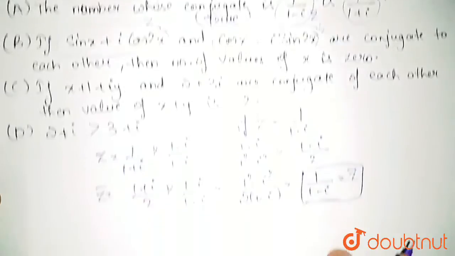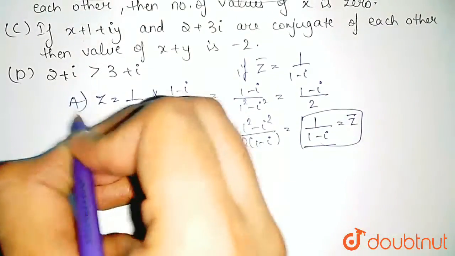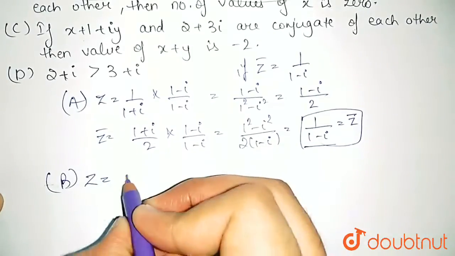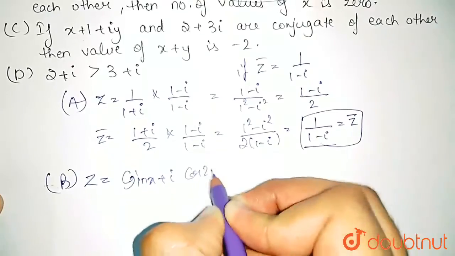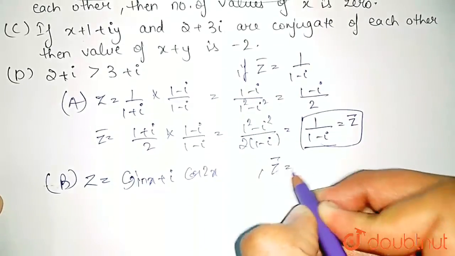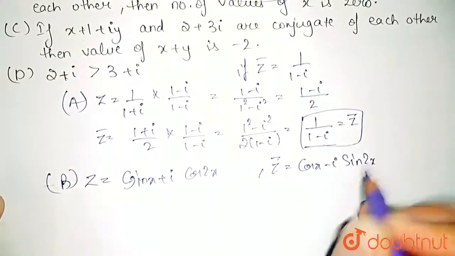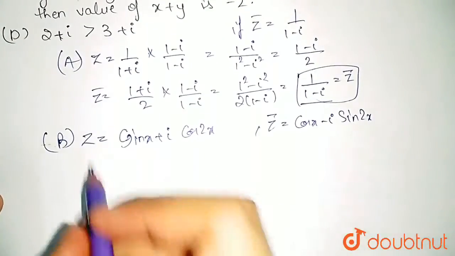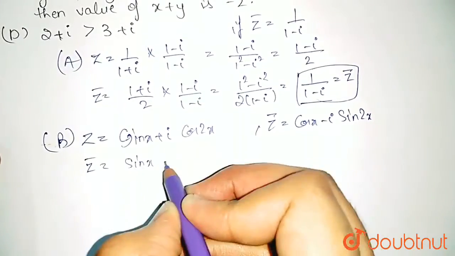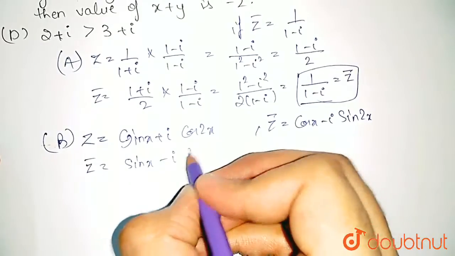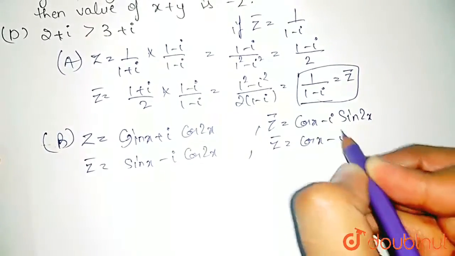So for statement B, z is sin x plus iota cos 2x, and z bar according to the statement is cos x minus iota sin 2x. Now let us try to get z bar from here. We'll get sin x, just replacing iota with minus iota, cos 2x, and z bar according to the equation is this.